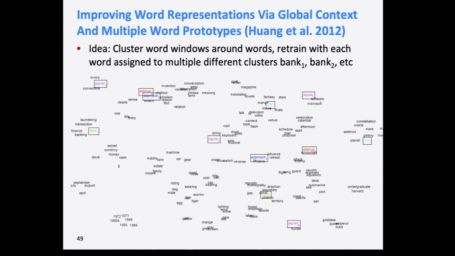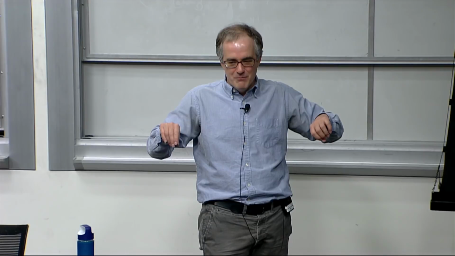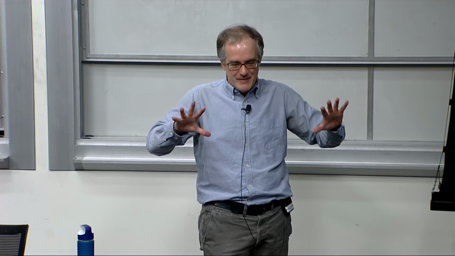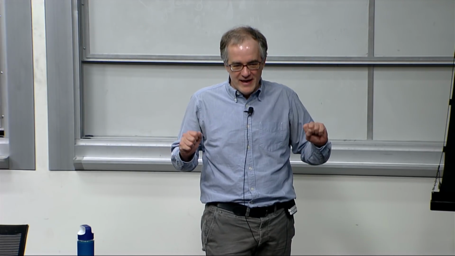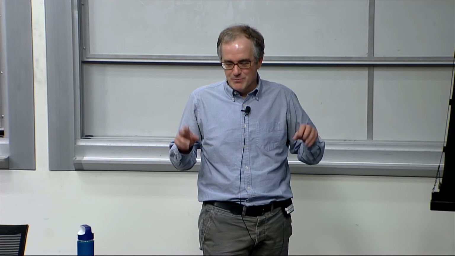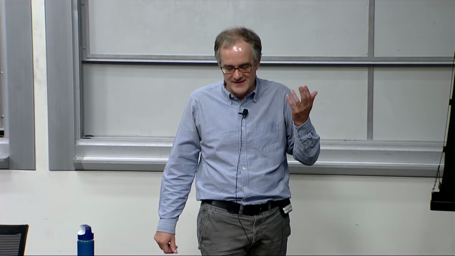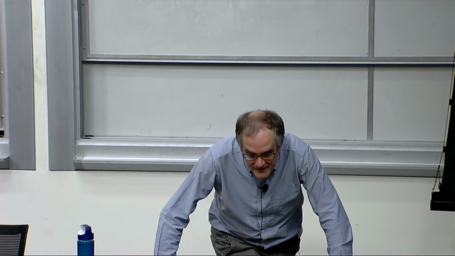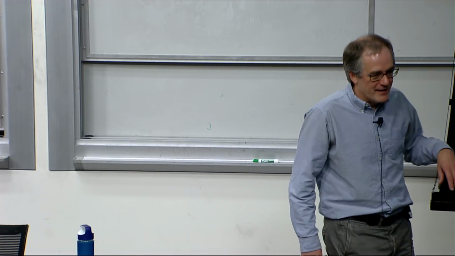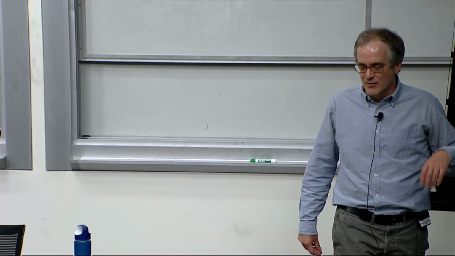For each common word, we cluster all the contexts in which it occurs, and then see if there seem to be multiple clear clusters by some criterion for that word. If so, we split the word into pseudo words. If there seem to be 5 clusters for the word, the example I meant to use here is jaguar, we'll just call them jaguar 1, jaguar 2, jaguar 3, 4, 5.